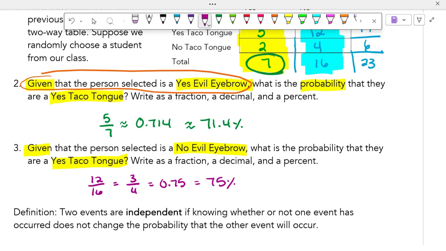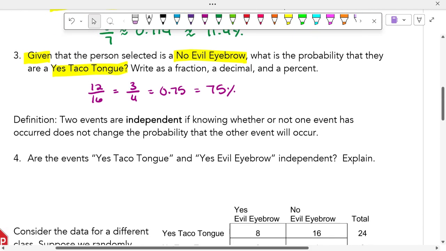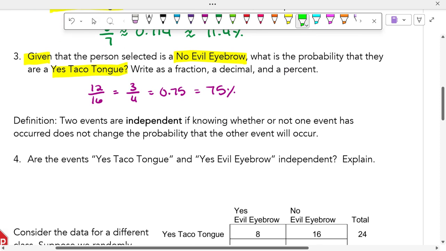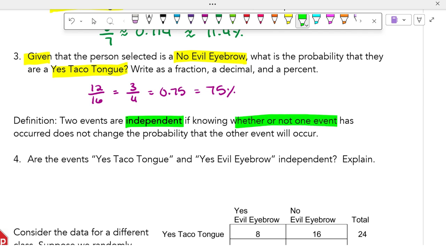Now, using conditional probability, we can determine whether these two events are what we call independent of each other. They gave us the definition of independence. It says if two events are independent, knowing whether or not one event has occurred does not change the probability that the other event will occur.